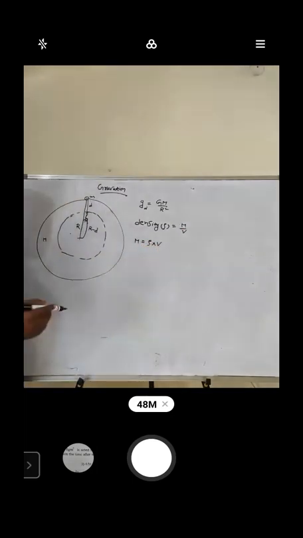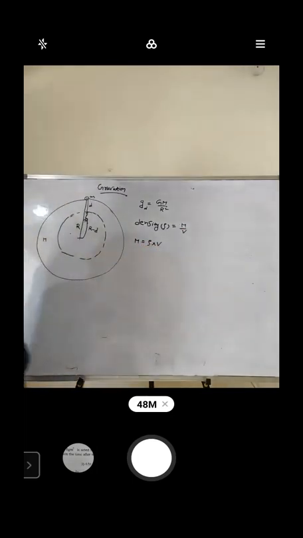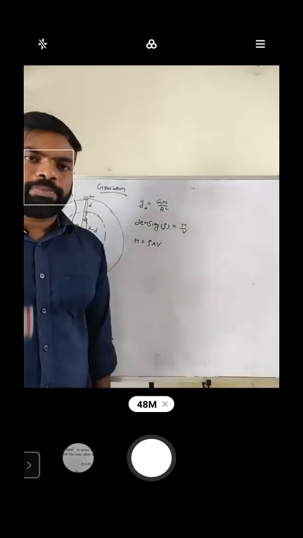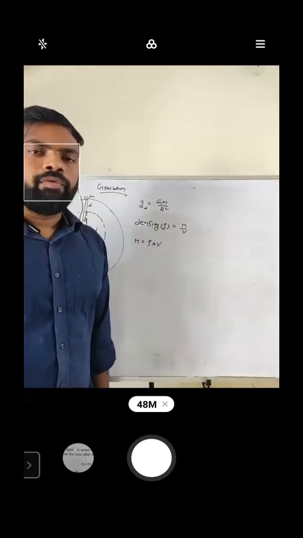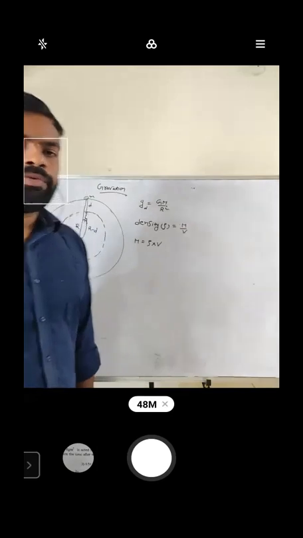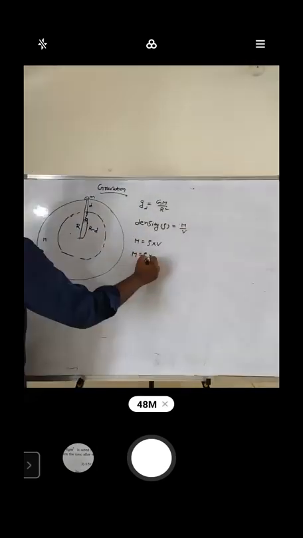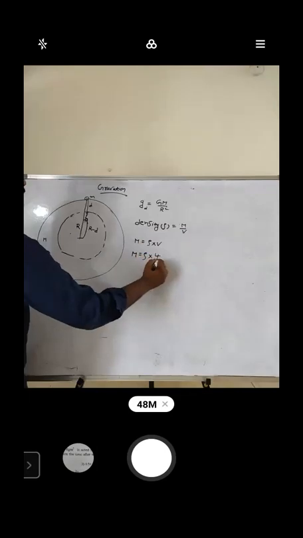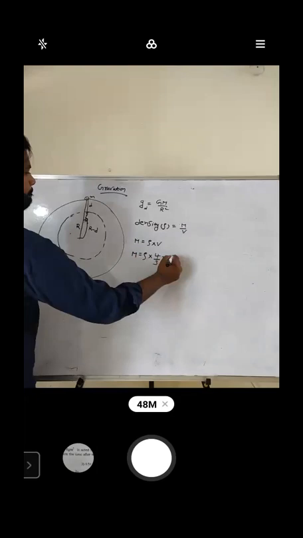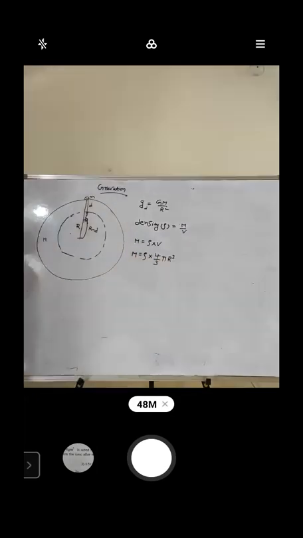See here, the Earth we are considering as a sphere. Volume of the sphere formula: 4 by 3 pi r cube.